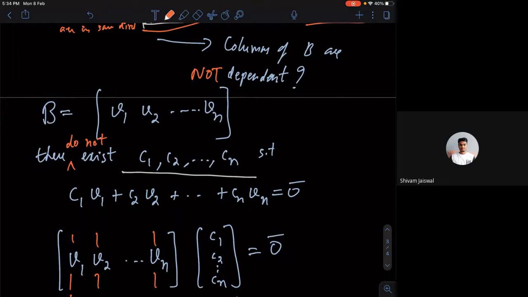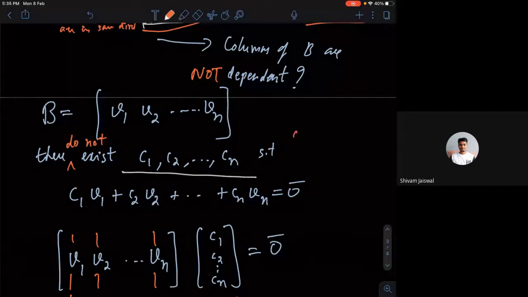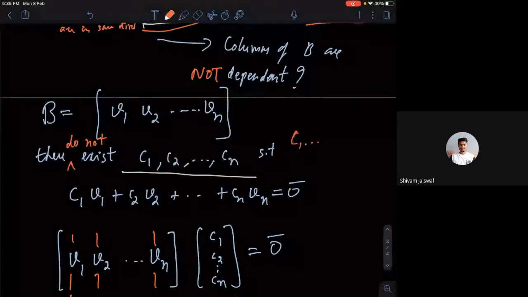Such that C1 to Cn, I have to write that this is not equal to 0 also.